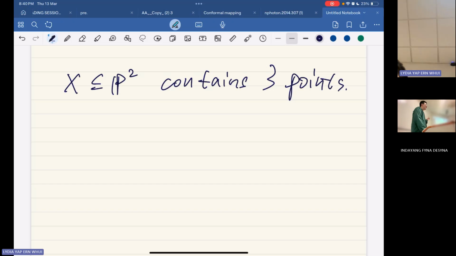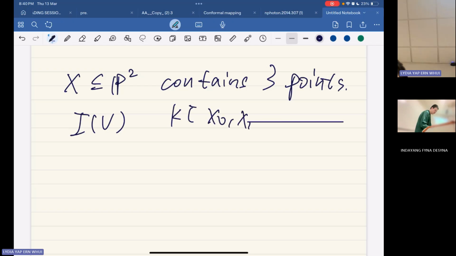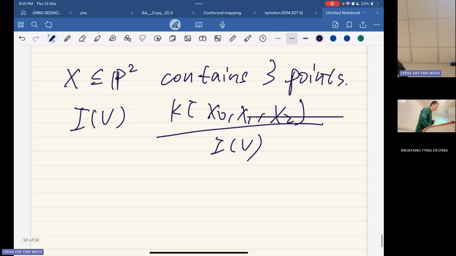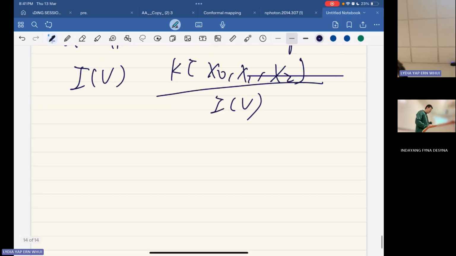If you want to compute this, you should write its ideal and compute. But actually, I haven't finished computing this yet, but I will tell you that the solution should be: HX(1) is equal to 2 or 3. It is 2 if these 3 points are collinear and 3 otherwise.